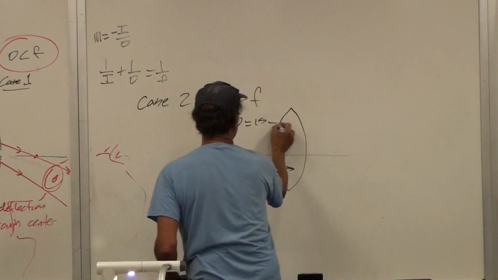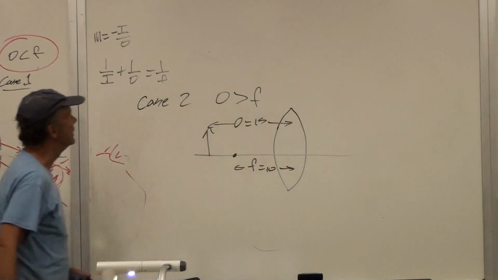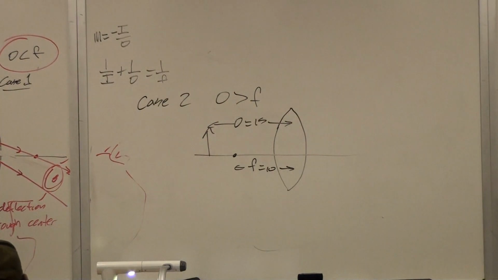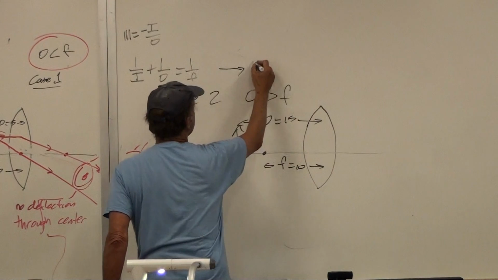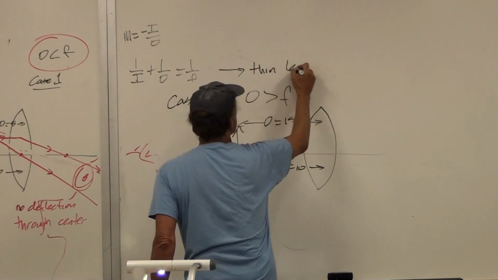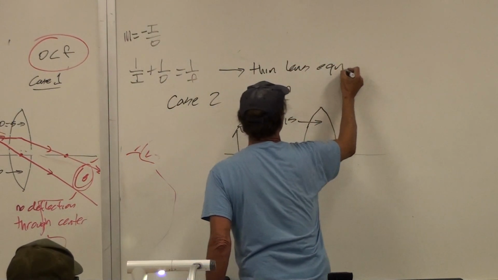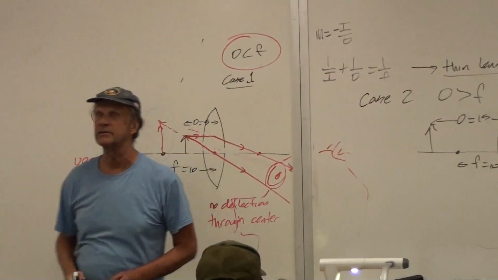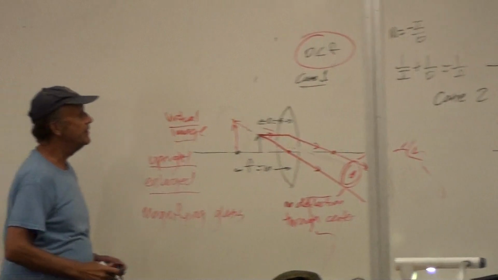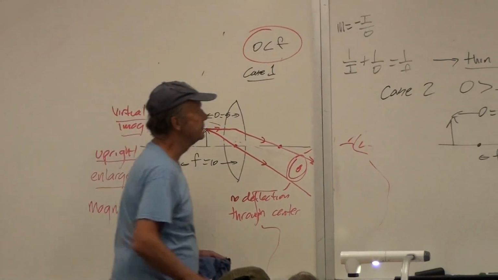Now we're neglecting the thickness of the lens in our calculations, and because of that, this is called the thin lens equation. So it's not exact, but it's close enough to give us some reasonable results.